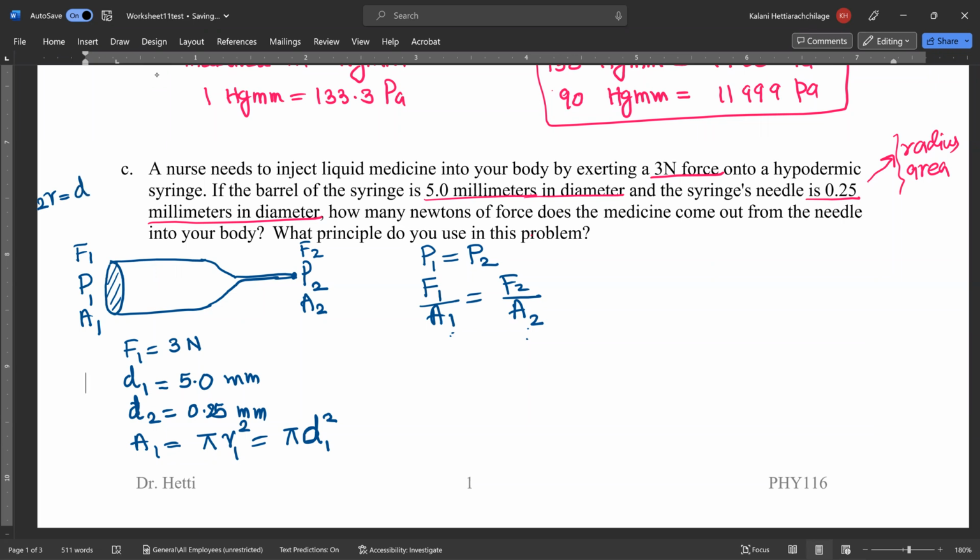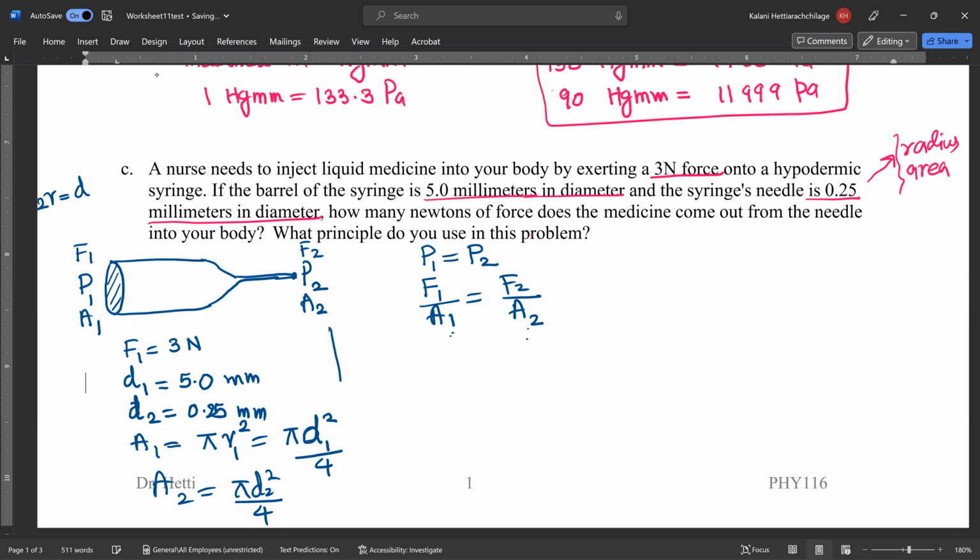So now I will be able to write this as pi d1 squared divided by 4, right? Similar to that, I will be able to write A2 also as pi d2 squared over 4.